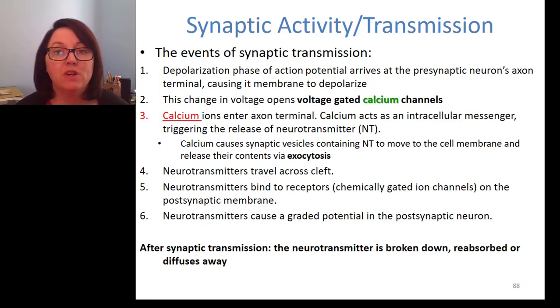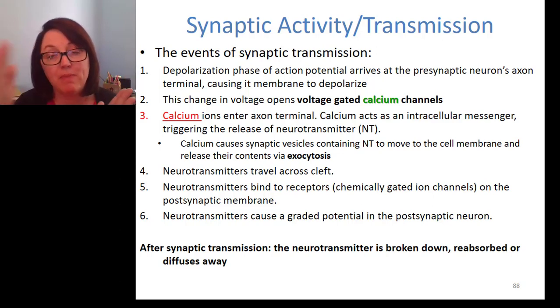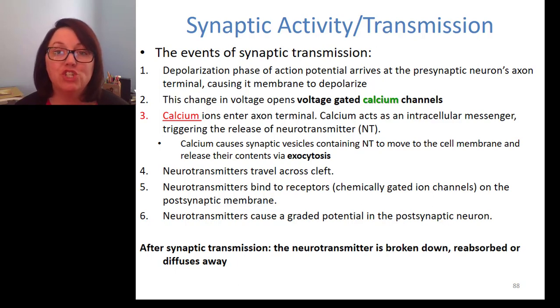Don't forget the action potential had different phases to it, a depolarization phase and a repolarization phase as its 2 major parts. When the depolarization phase of an action potential reaches the axon terminals, that change in voltage is going to open voltage-gated calcium channels.